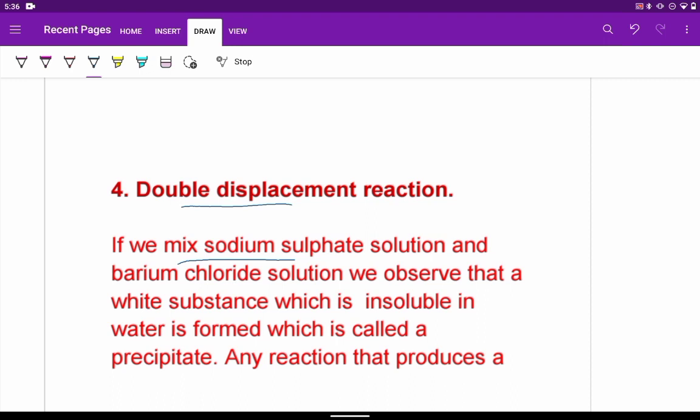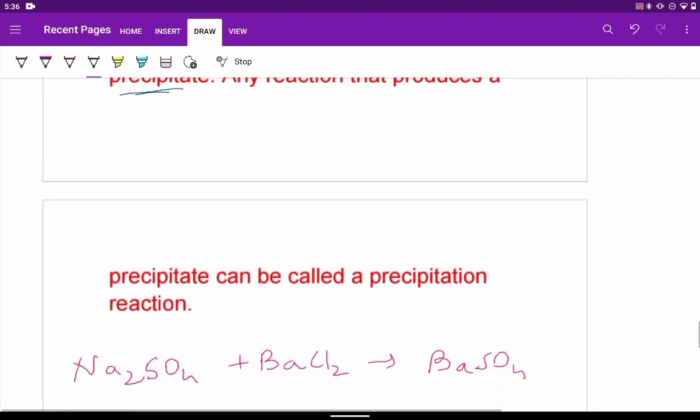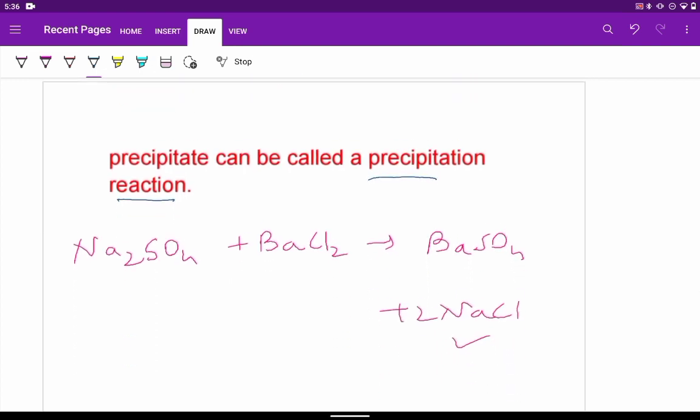If it is insoluble in water, we call it a precipitate. So any reaction which produces a precipitate is called a precipitation reaction. Precipitation reaction.